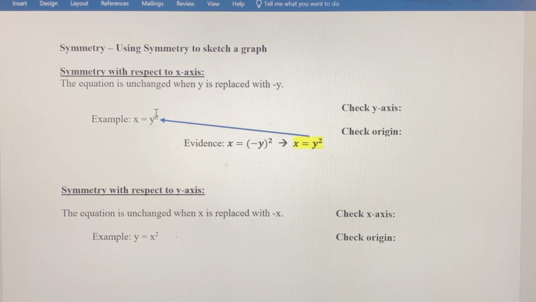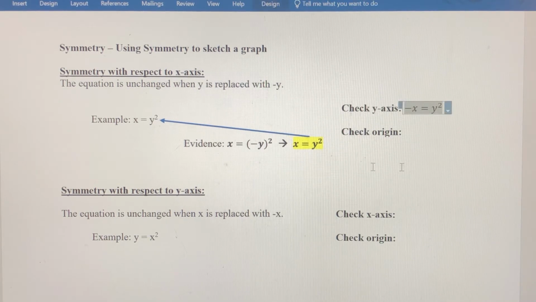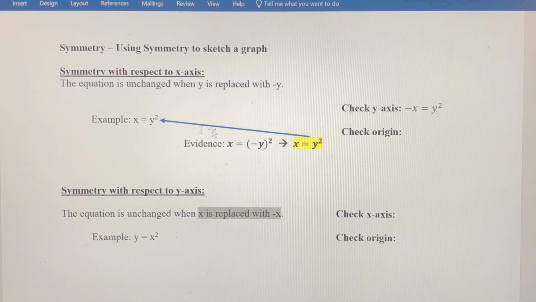I'll show you the graph of this in just a second. But let's verify that this equation does not have y-axis symmetry or origin symmetry, doing the same thing. With y-axis symmetry, we replace x with negative x. Now notice there's no simplifying that can be done here.